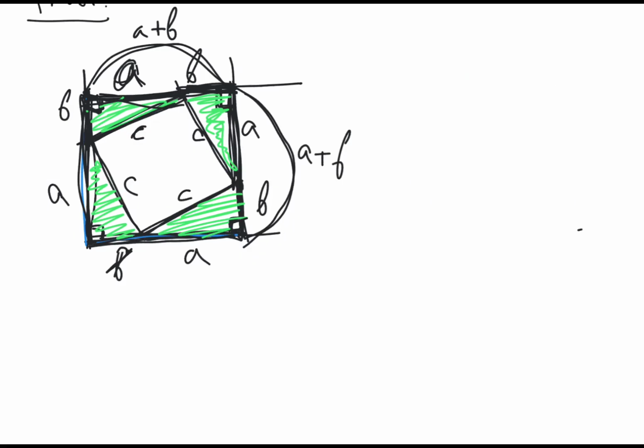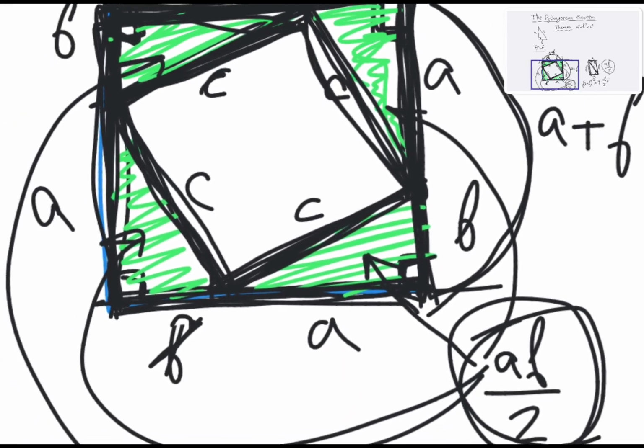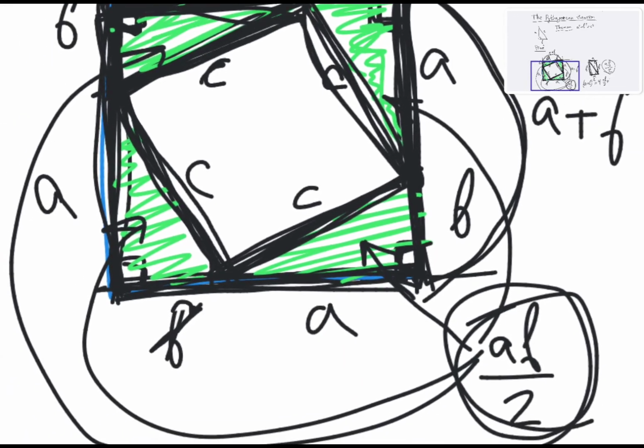So now about this quadrilateral. So notice the angles, so let's say this angle is alpha, then this angle would be 90 degrees minus alpha, and this angle would be equal to it. So this is also alpha, and this is 90 minus alpha.